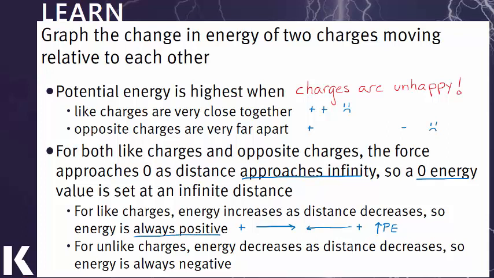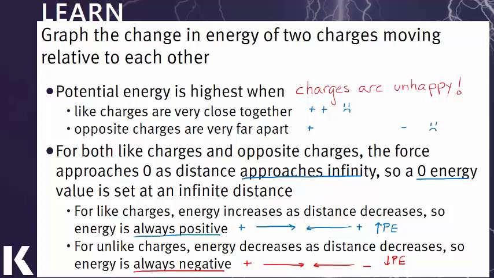On the other hand, if we have a positive charge and a negative charge, and we move those charges closer together, as the distance between them decreases, so does the potential energy. So for opposite charges or unlike charges, the potential energy is always negative.